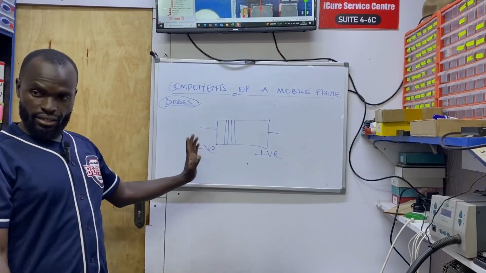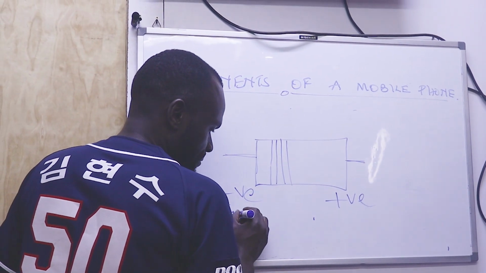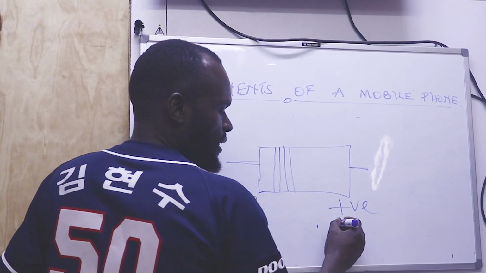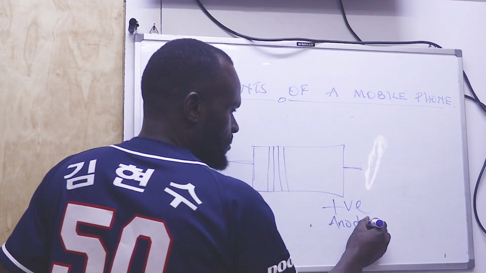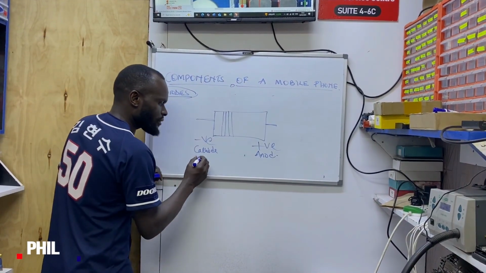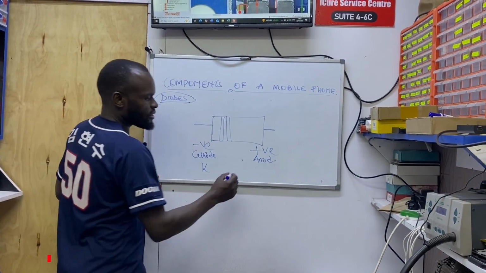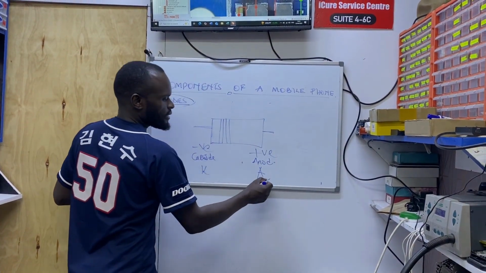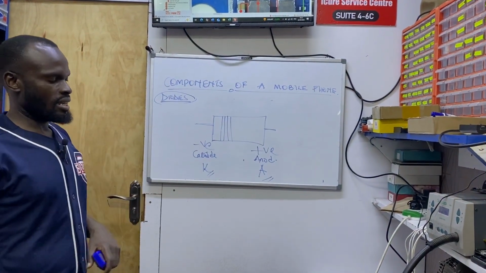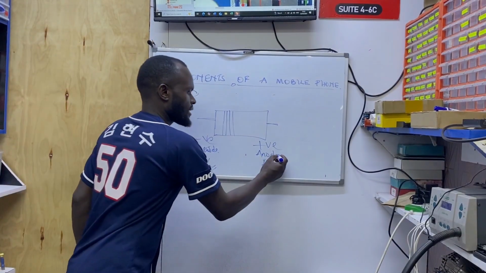We have the negative side, which is referred to as the cathode, and the positive side, referred to as the anode. In some instances, you will find the cathode labeled as K, and the anode, most times, labeled as A. These are just abbreviations and representations of the words anode and cathode.